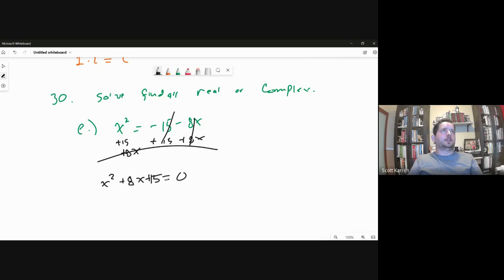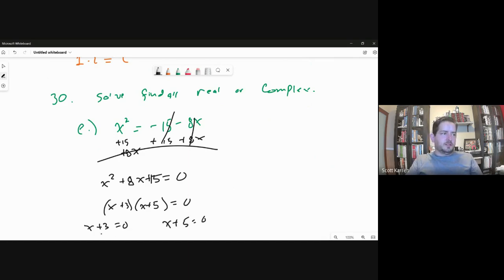Now, this is not going to end up having any imaginary solutions because I can factor this. This turns out to be x plus 3 times x plus 5 equals 0. And that one's easy. I just set each of these equal to 0. Either x plus 3 is equal to 0, or x plus 5 is equal to 0.